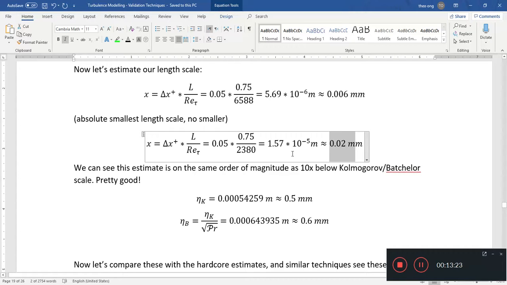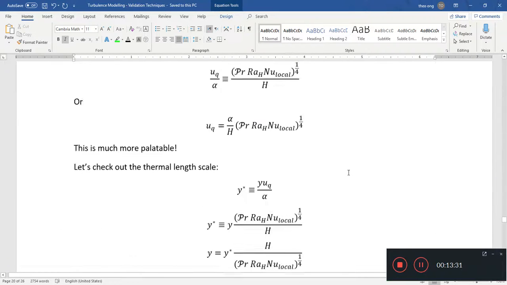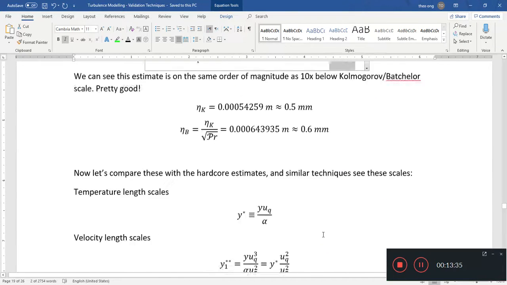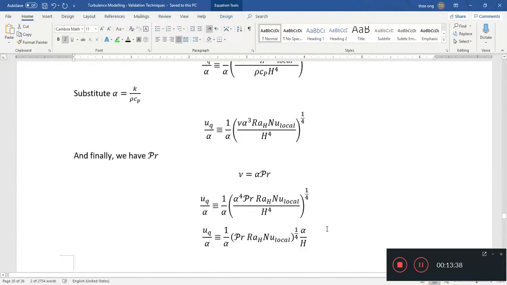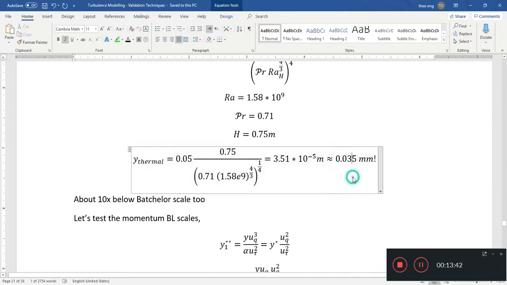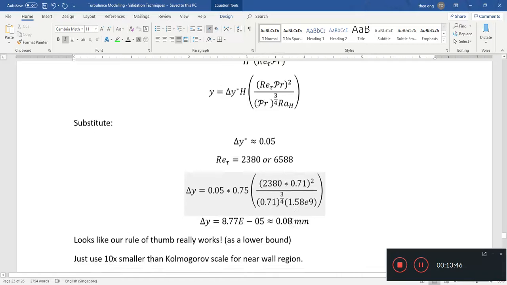Then we use the friction correlation over there, and you will get this number over here. So that's perfectly fine; this becomes our lower bound. We don't see any length scales actually going below this number. Even our temperature length scale is about there, and our velocity length scales aren't very much bigger as well.